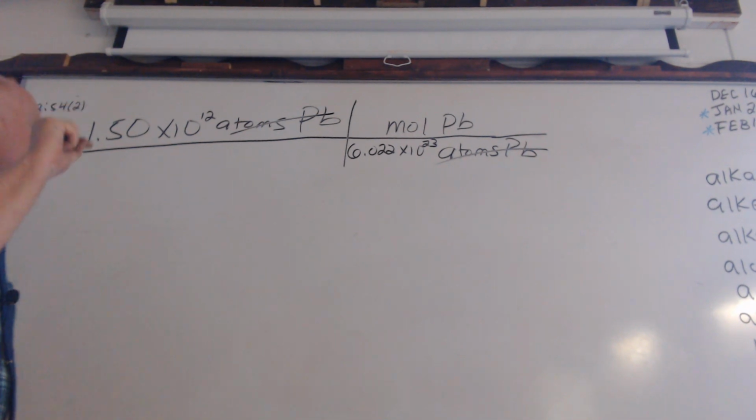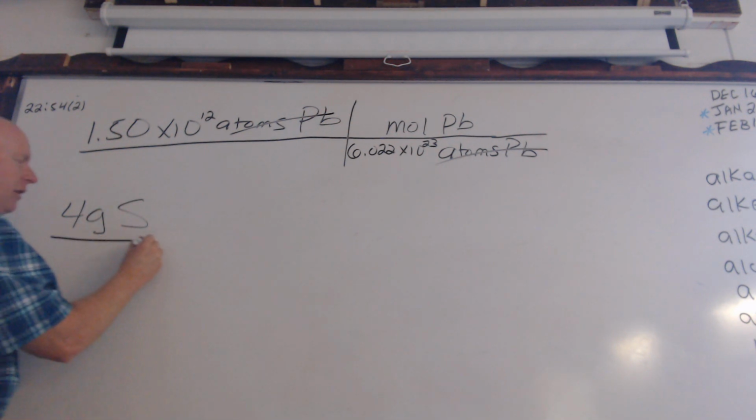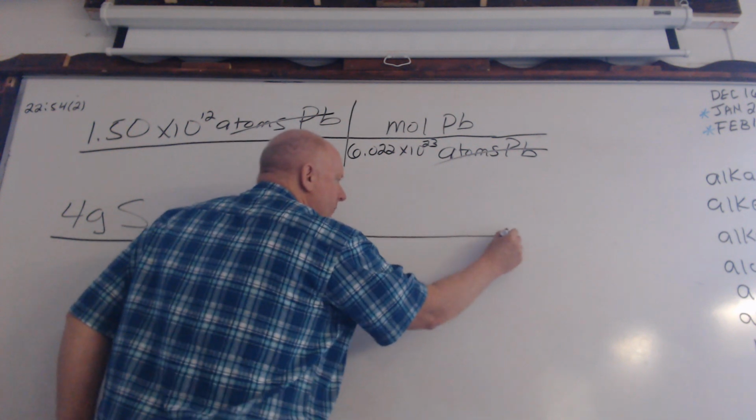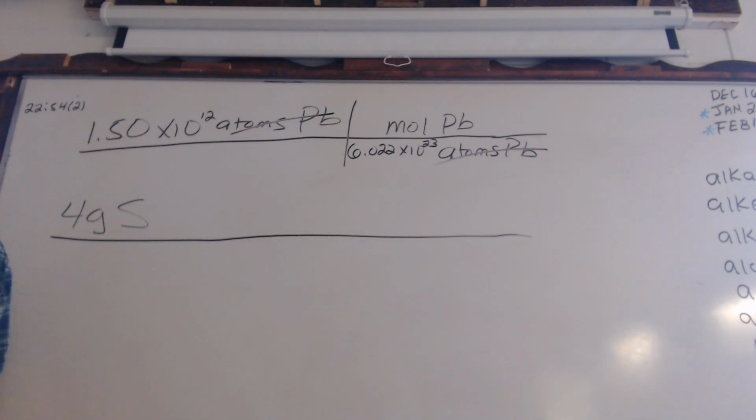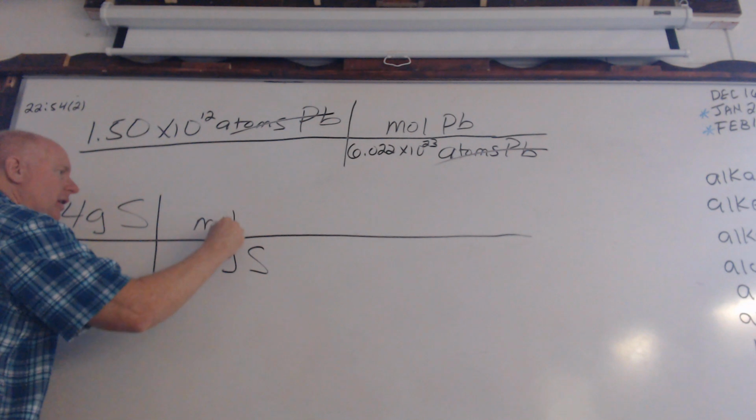So one place to start, 4 grams. Probably about 95% of the time you see a number in grams, you're probably going to change it to moles. And that's the case here as well. How do we change grams of sulfur to moles of sulfur? We got to put grams of sulfur on the bottom, then put moles of sulfur on top.